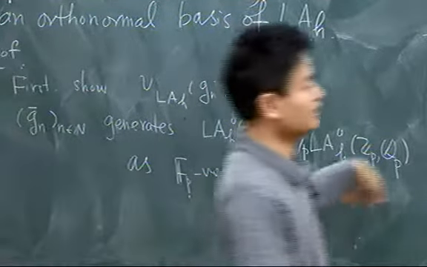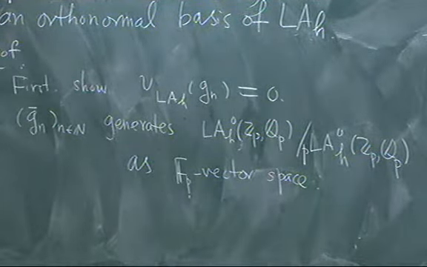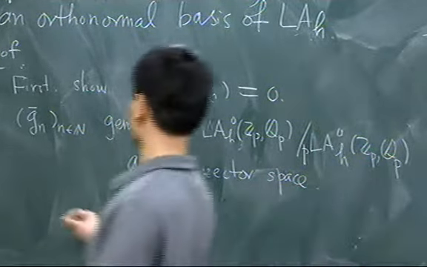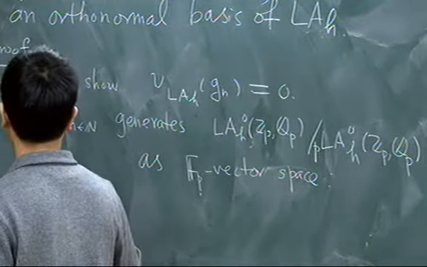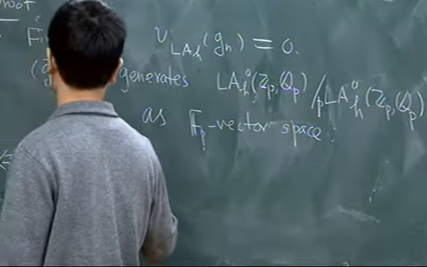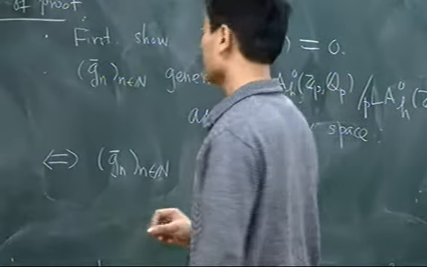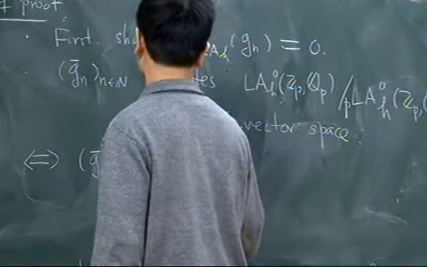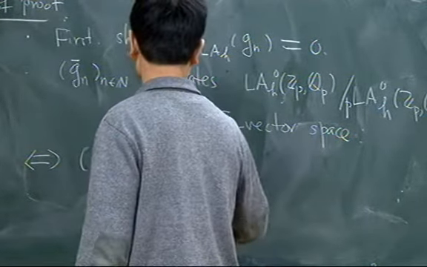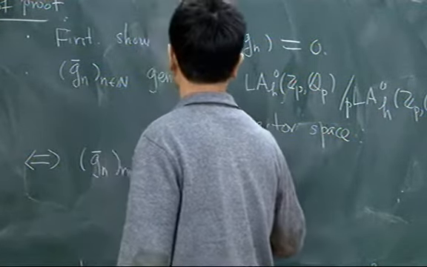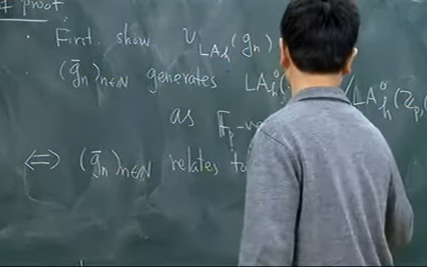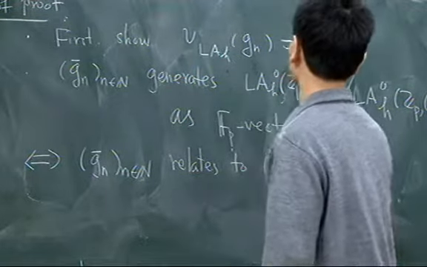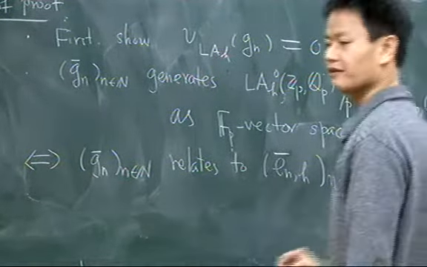But we already know this e_{n,h} is an orthonormal basis. So this is equivalent to checking that this G_n bar, which just means modulo p, can be related to this e_{n,h} bar by an invertible matrix.